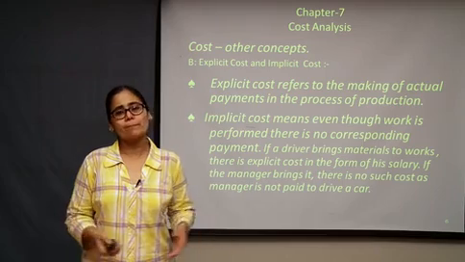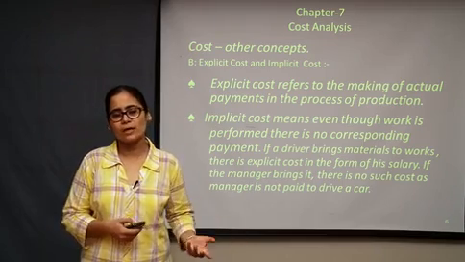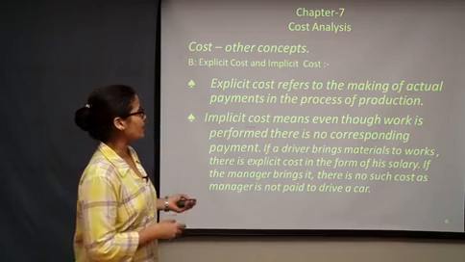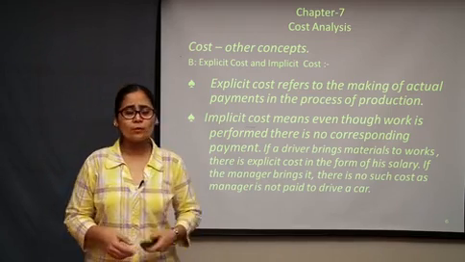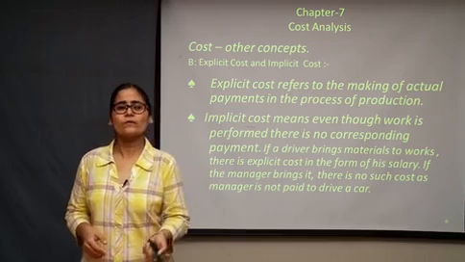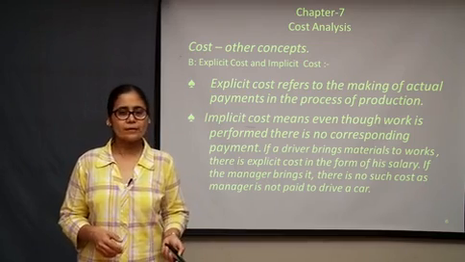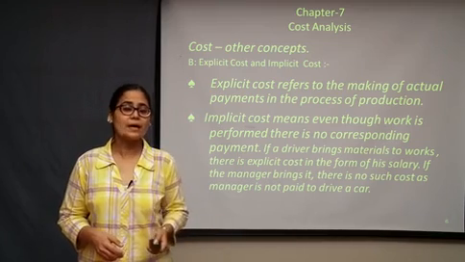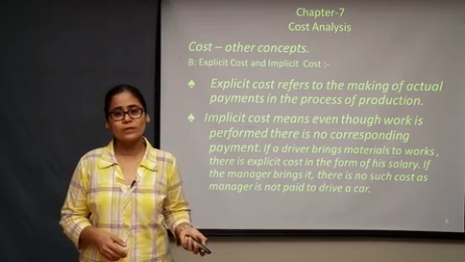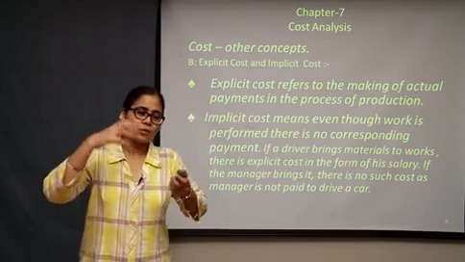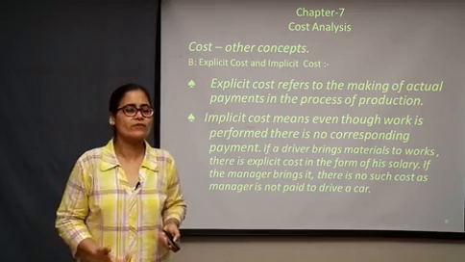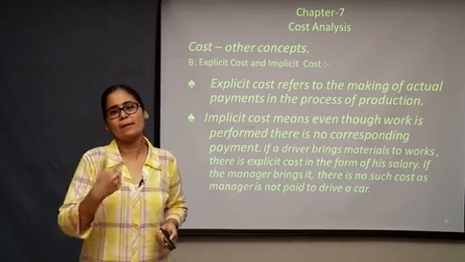In life, we all keep paying implicit cost for someone or the other in one situation or the other. A simple example, that you have a commitment and you don't reach on time and others are waiting so that your work can be started, then they are all paying implicit cost for you. So implicit cost is the cost which you pay in terms of your time, your energy, your effort, but there is no corresponding payment for that.